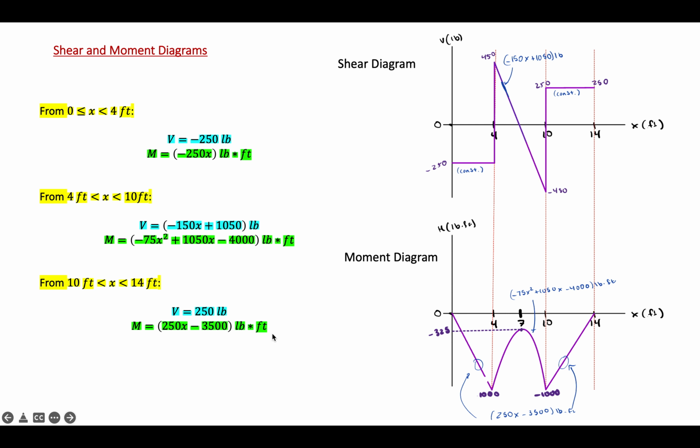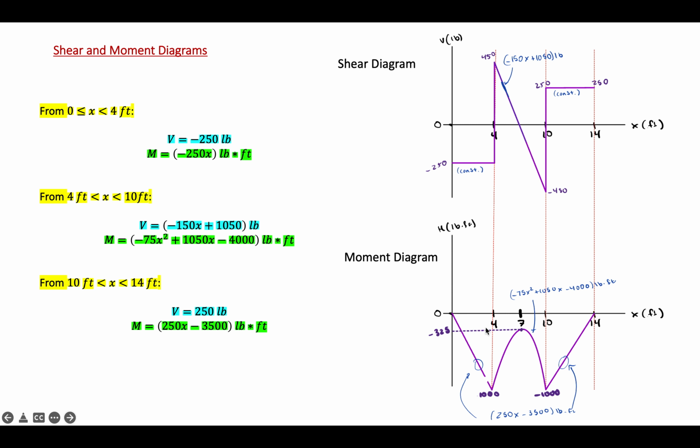Lastly, from 10 to 14 feet, we have M equals 250x minus 3,500 pound-feet. Plugging in 10 for x, we get negative 1,000, and plugging in 14, we get 0.